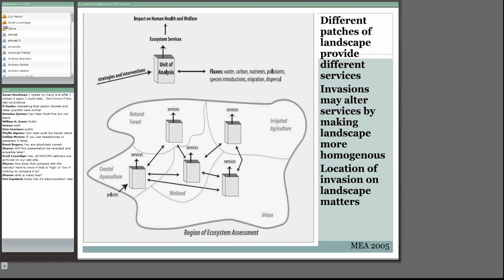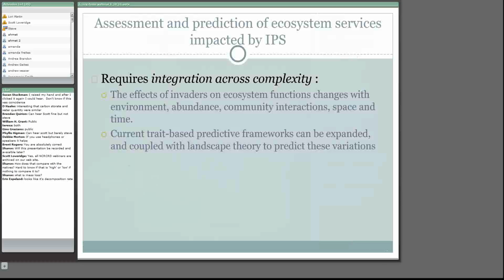And then I guess just to summarize or finish this section, the assessment and prediction of ecosystem services impacted by invasive plants obviously requires integration across complexity. As I mentioned, invaders have an effect on ecosystem functions, and these changes occur within different environments at different abundances.